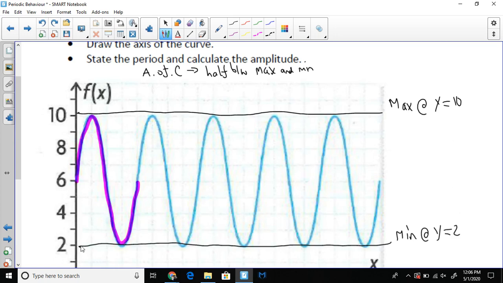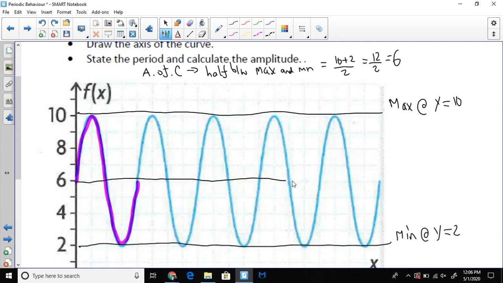If I start at 2 and go to 10, what's the gap between them? You can look at the graph, or remember that equation where I said max plus min divided by 2. So that's 12 over 2, which is 6. So this 6 is the axis of the curve.